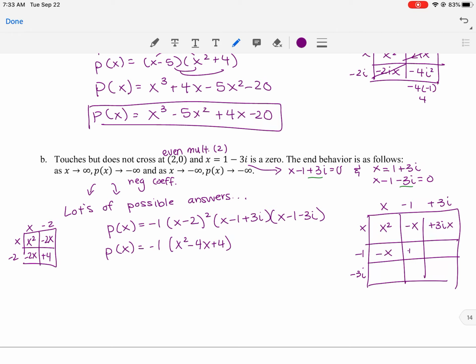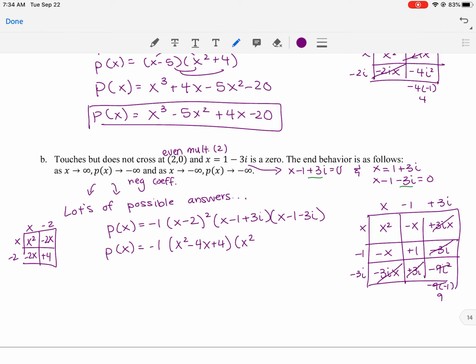We get a minus x, we get a 1, we get minus 3i. We get minus 3ix, we get plus 3i, and we get negative 9i squared. Notice the terms that just have i, they cancel out. That makes life pretty easy for us. This negative 9 times i squared is just negative 9 times negative 1, so it's a positive 9.